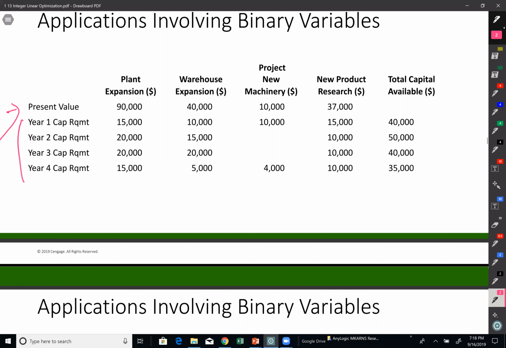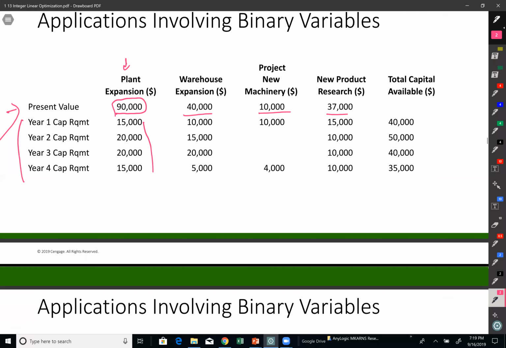If we go with the planned expansion project, for example, we will have net present value of $90,000, which is very lucrative in comparison to other alternatives. However, we will spend quite a bit of money in first couple of years.